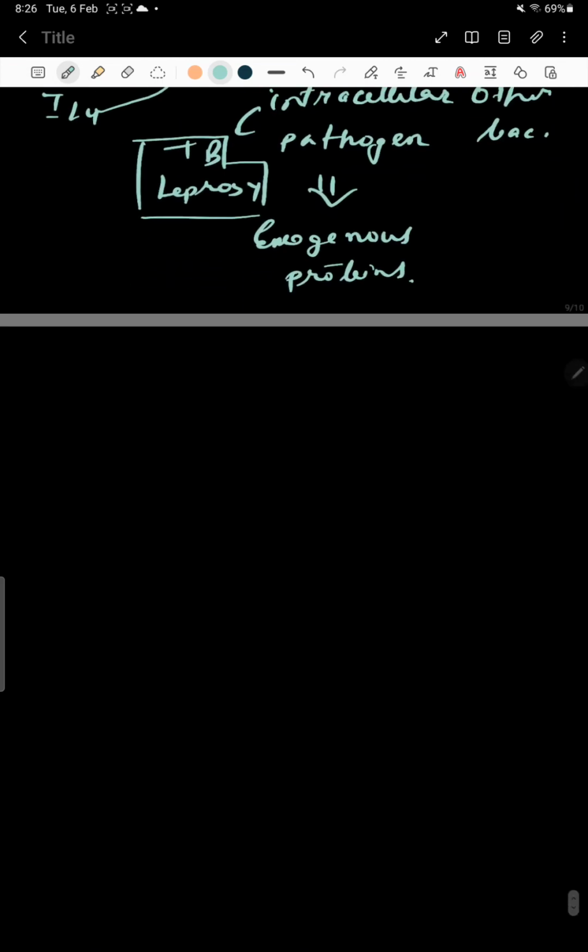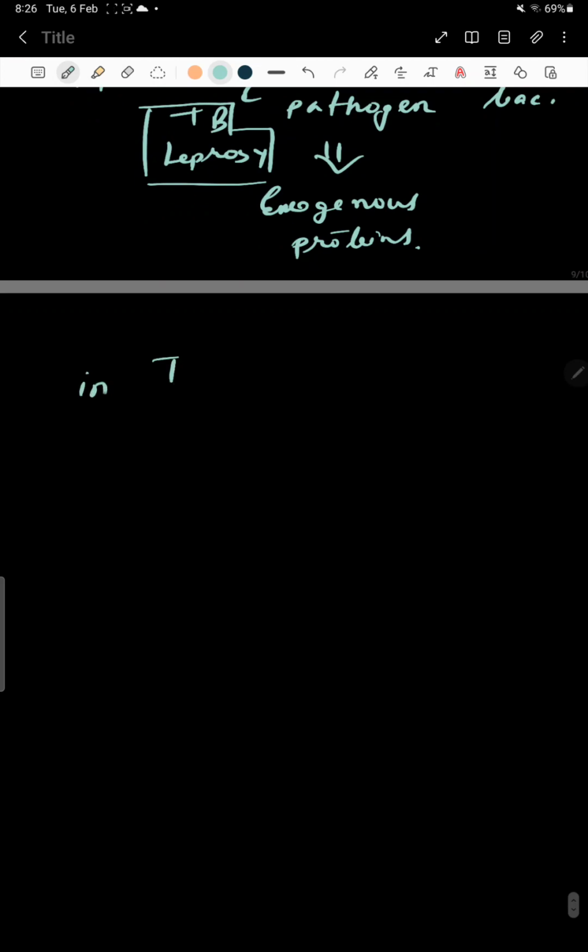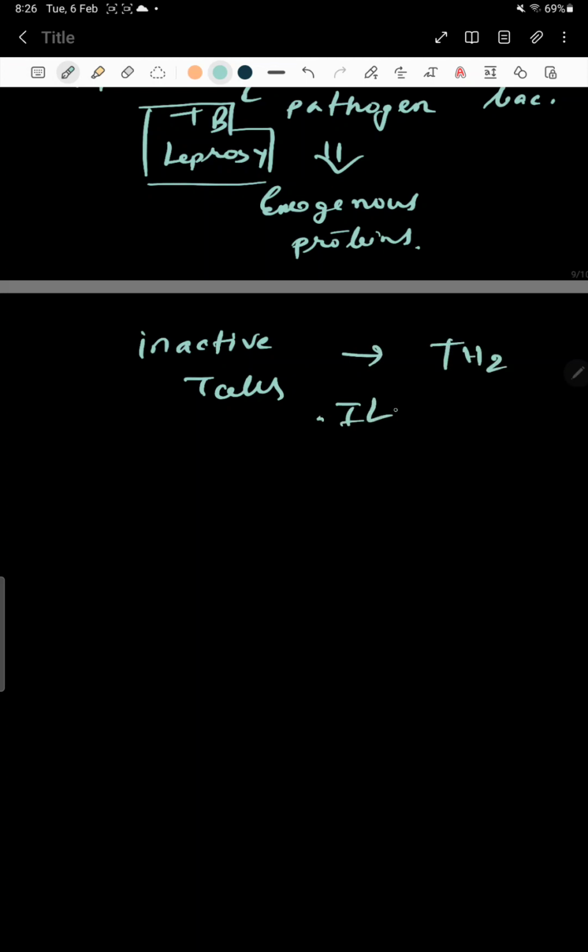Now, what are the factors that are converting inactive T cells into Th2? One is interleukin 1 from APCs, and interleukin 4 from an unknown source, it can be anything.